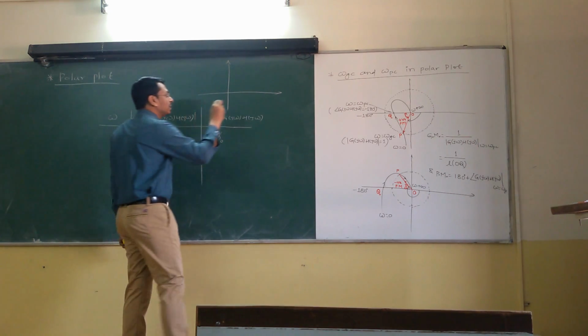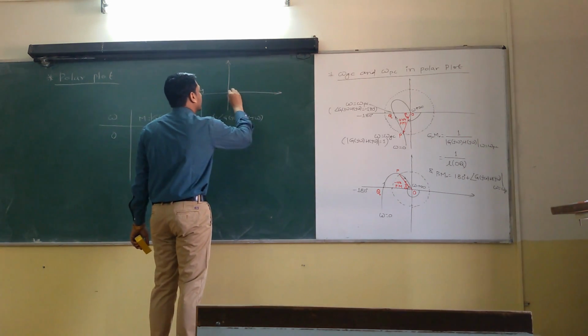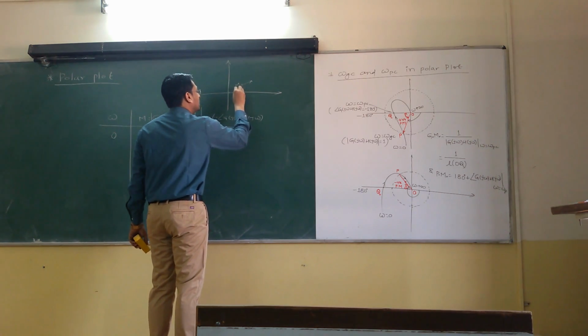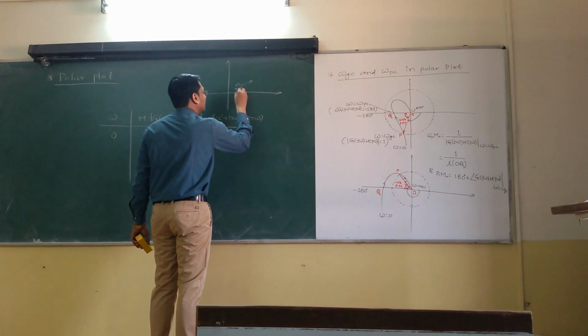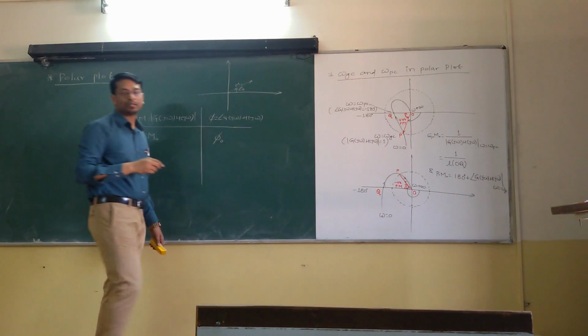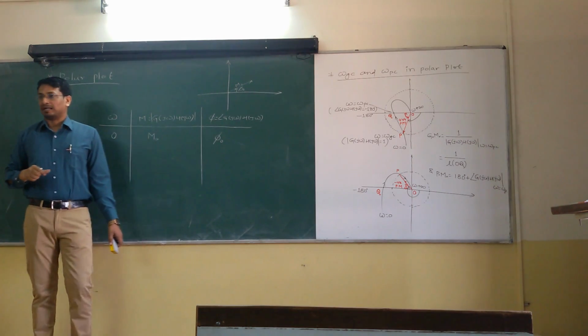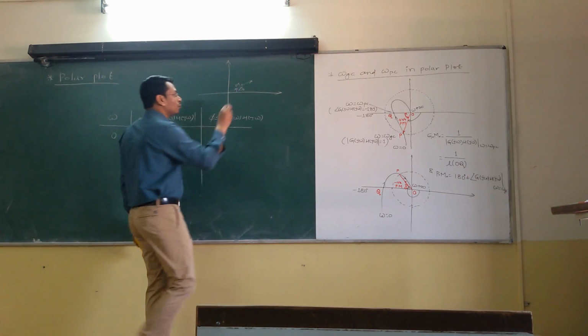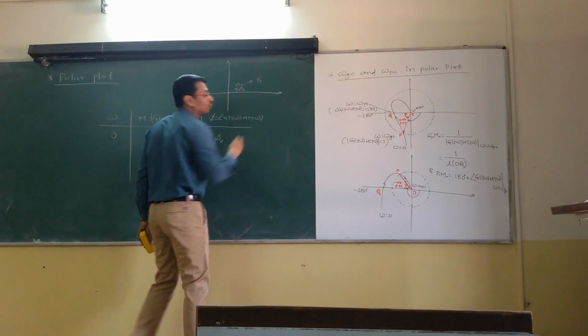Unique point means with magnitude, say this is magnitude m0, and this is the angle in anti-clockwise direction with the real axis. So you will get m0 angle phi 0, and I am going to say this is point p0.